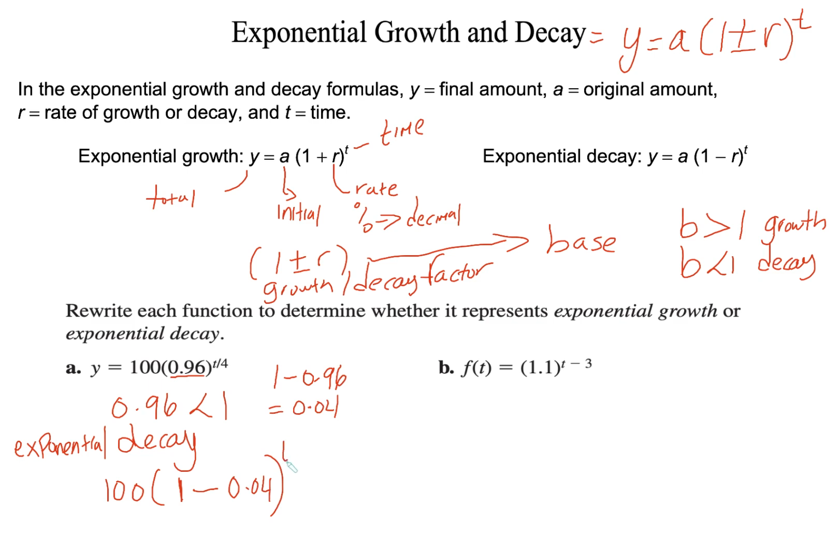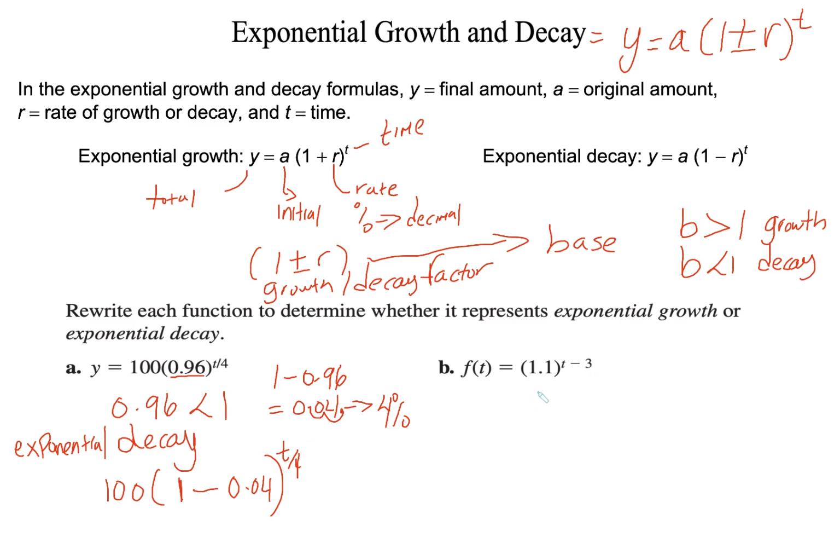And all of that is raised to the t over 4. The 0.04 is a decimal, and if I change it to a percent, that is simple. I'm simply going to move my decimal point 2 places to the right. It's 4%. So this exponential decay function, its quantity is decreasing by 4% for each time period.